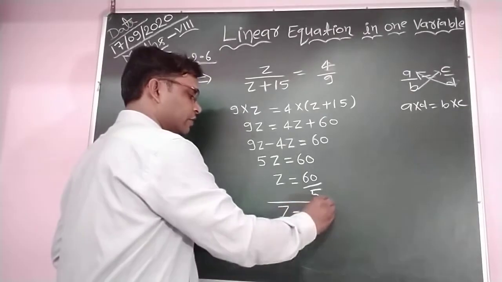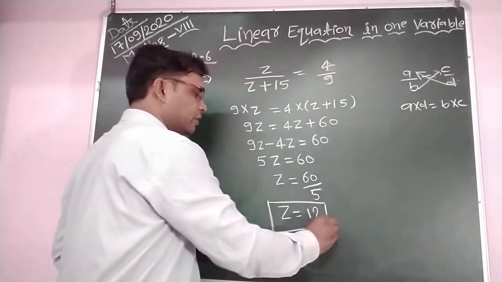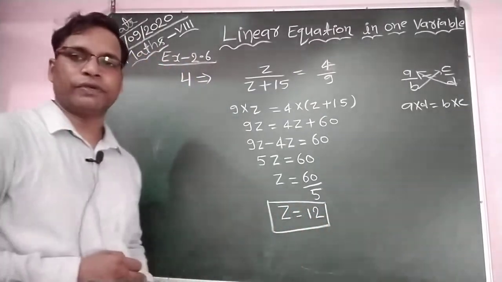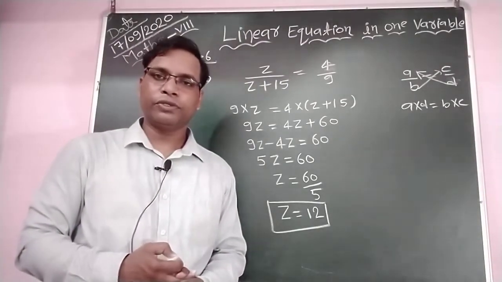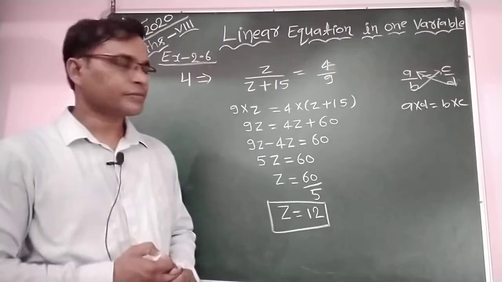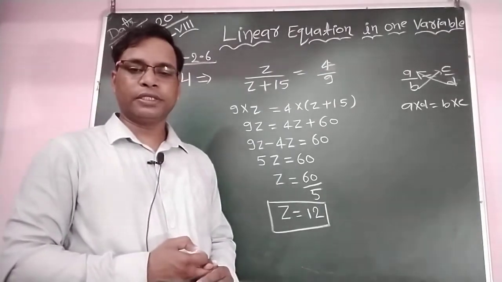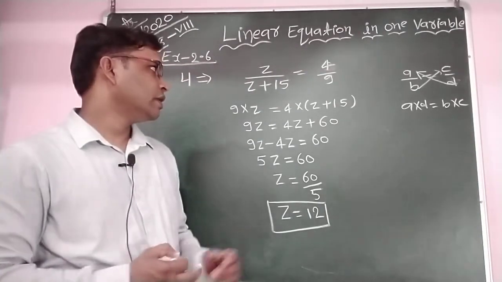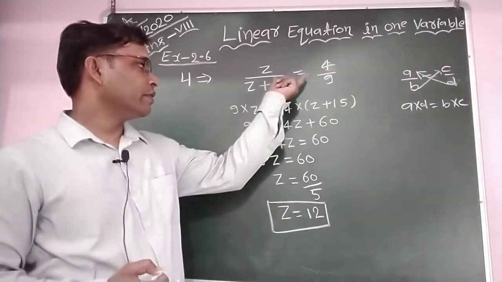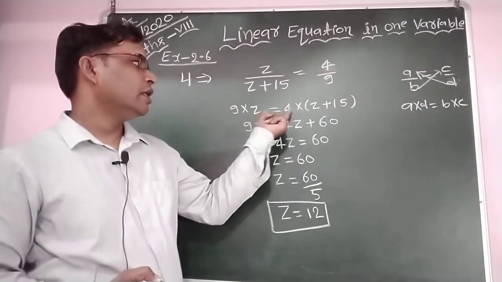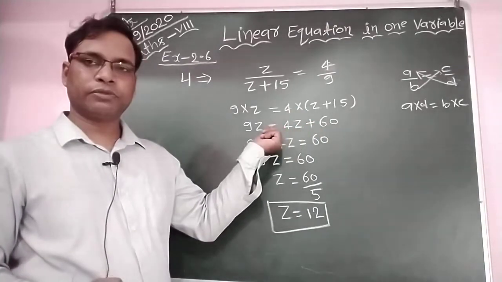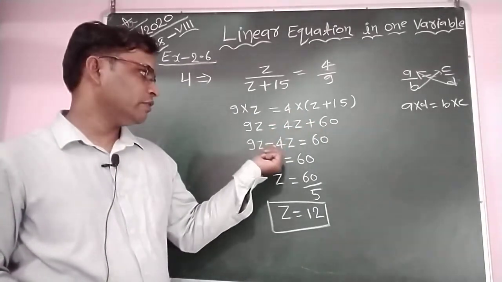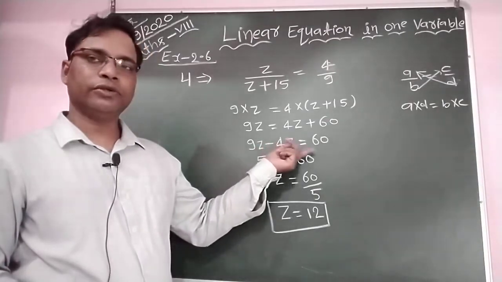Okay, so you can see here the value of z is 12. So in this question, first we use the cross multiplication method, and after this you can see in this form, we open this bracket. So you have 4z plus 60, and transposing 4z to left hand side, then we have 9z minus 4z is equal to 60.